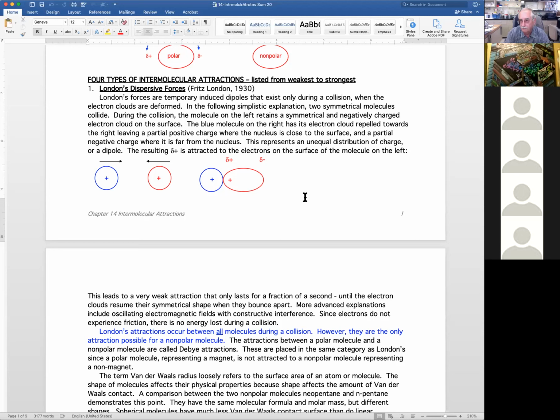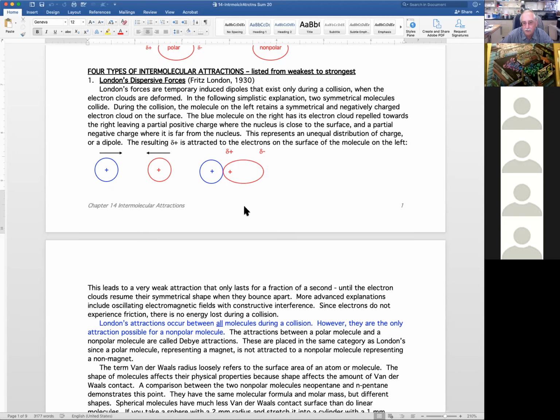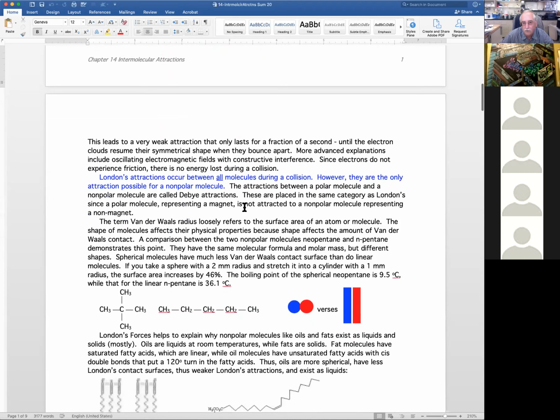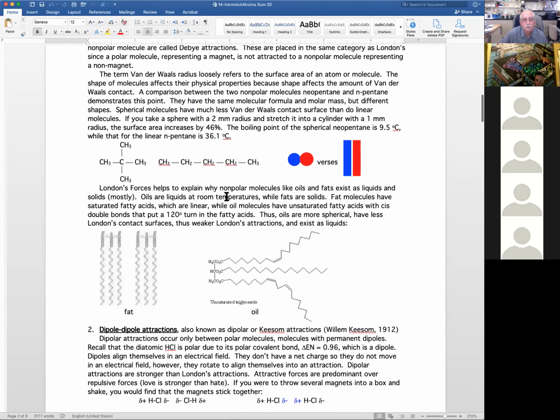Electrons don't actually bang into each other. Electrons don't experience friction because they simply pass through empty space. But during that time of the collision, there is an attractive force. So this is extremely weak. But you know what? If you are a non-polar molecule, this will be the only attractive force you will ever experience.